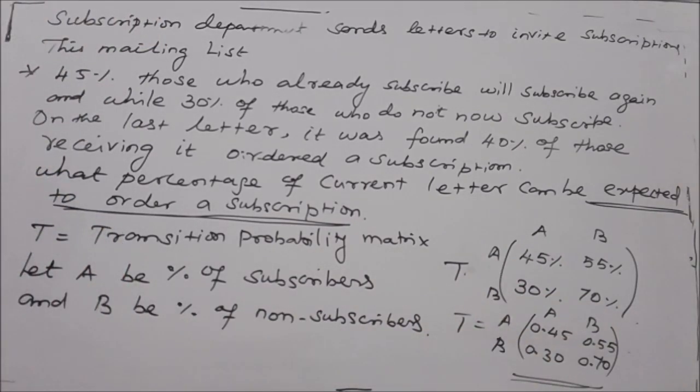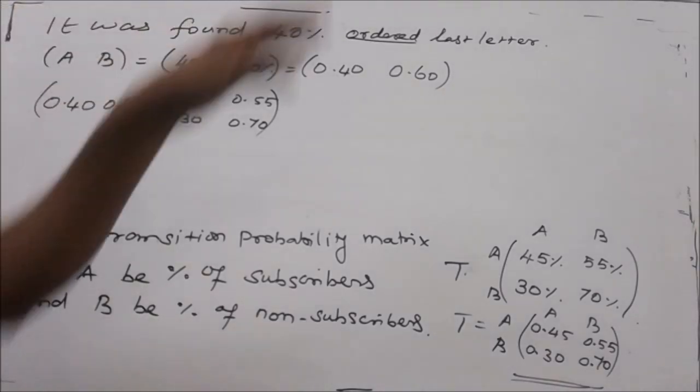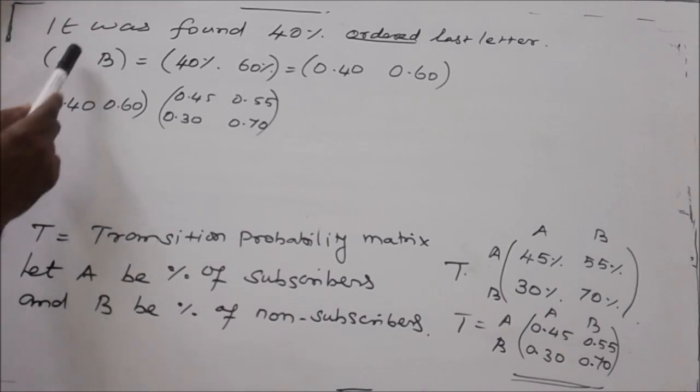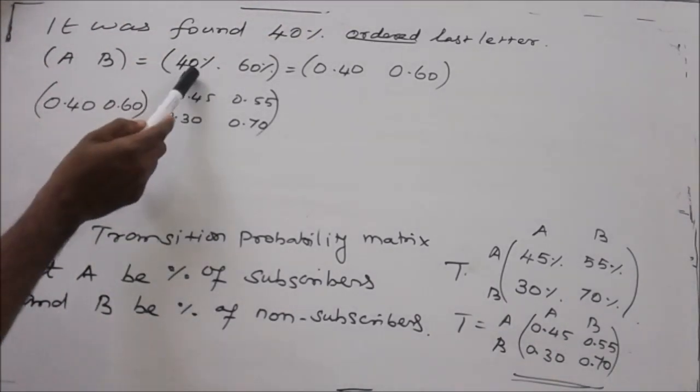Now we are moving to further steps. Finally they have given that 40% of the people ordered in the last mail. That is, our distribution is AB. In it 40% are subscribed again, therefore A is 40%.